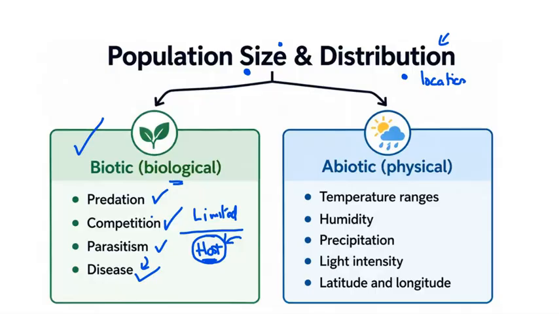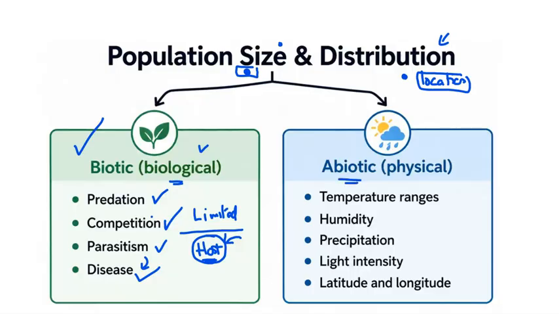Disease is a biological factor. Pathogens causing disease are transmitted from one member of the population to the next. And of course, the denser the population, the faster the disease will spread. So these are some typical biotic factors that determine the size of a population and where that population is located.